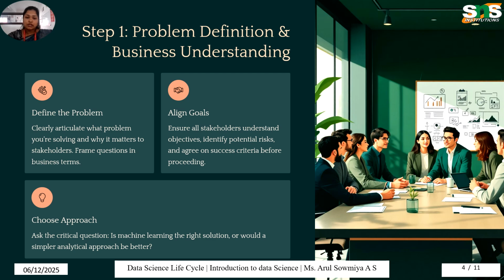It ensures all the stakeholders understand objectives, identify potential risks, and agree on success criteria before proceeding. And then we choose the approach. By choosing the approach, we have to discuss which machine learning method is the right solution, or whether a simpler analytical approach or a better process would be better.